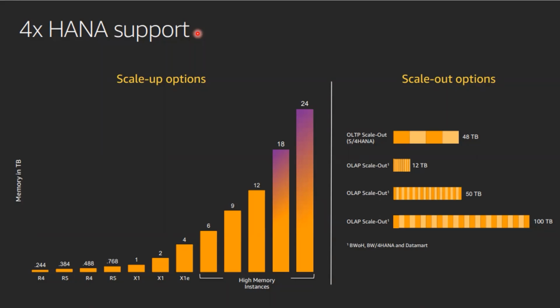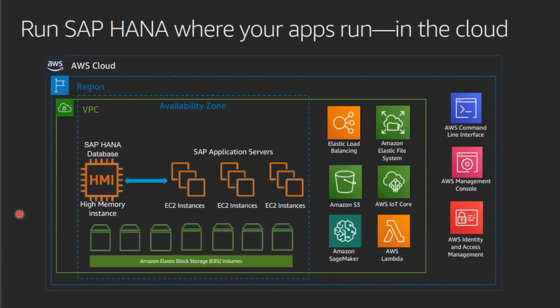All right. Now, as you all know, most of the applications are served from cloud. So it really makes sense to run SAP HANA in the cloud, right? And when we talk about cloud, why not go with AWS, which offers so many good services and so many advantages over other cloud platforms.